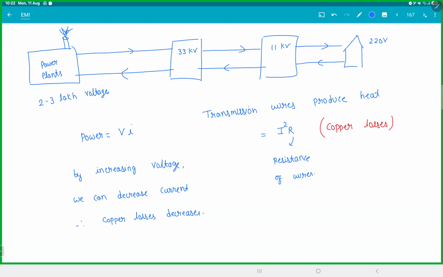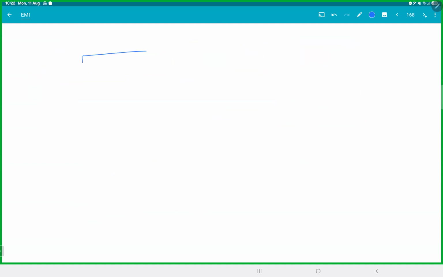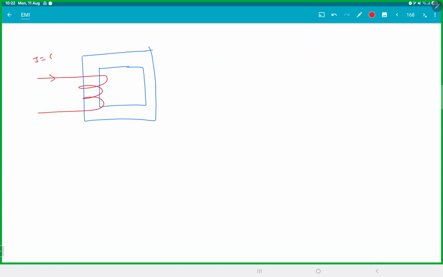Why couldn't we do this with DC? The problem with DC, so if you send a constant current, there will be a constant magnetic field.